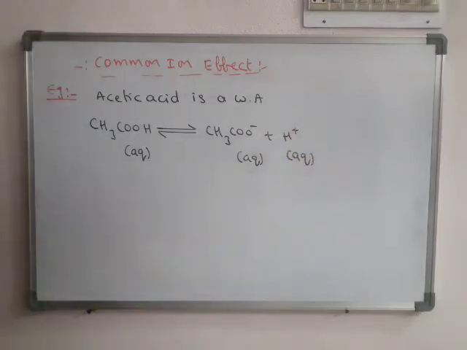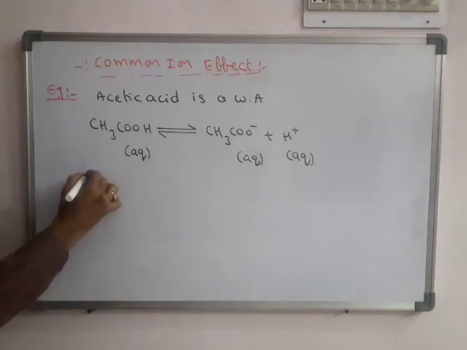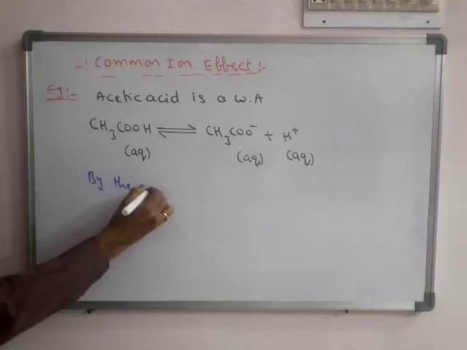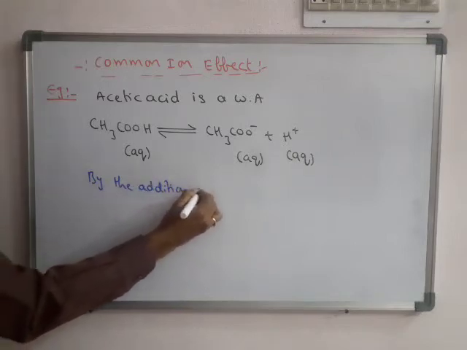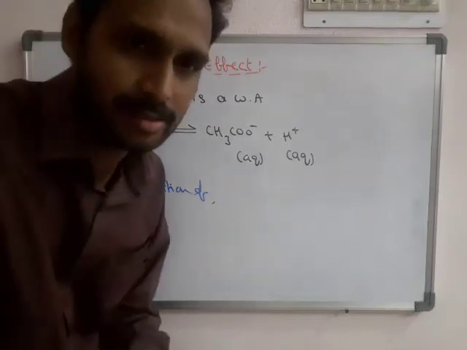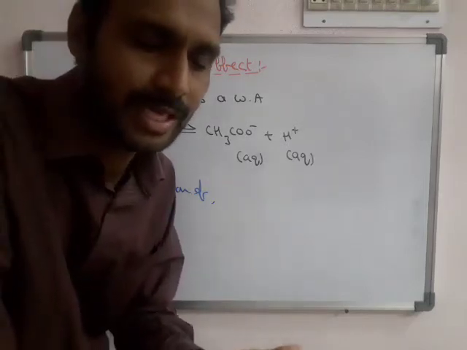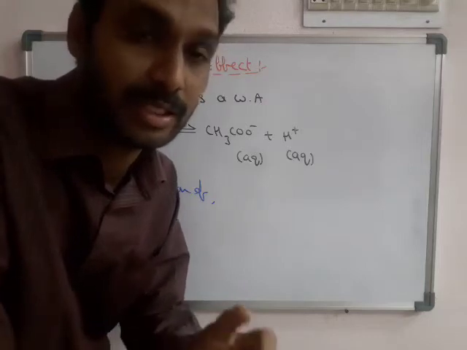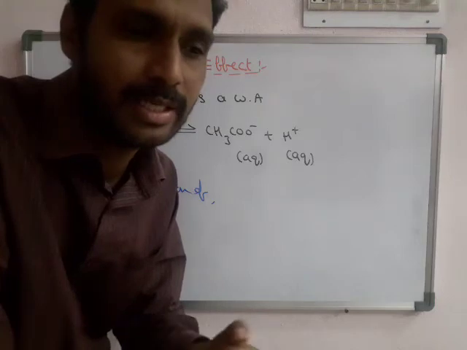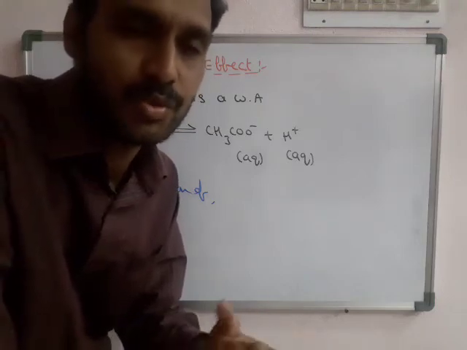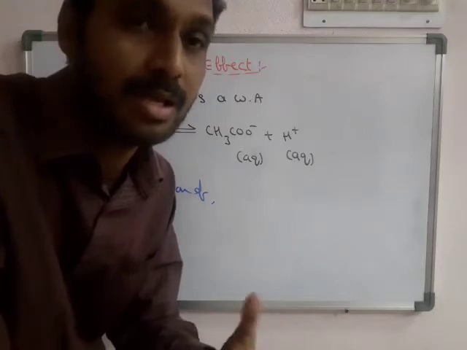Okay, so here the important thing is, if by the addition of an acid or a salt, any strong electrolyte, it may be a strong acid, it may be a strong base, or any salt.